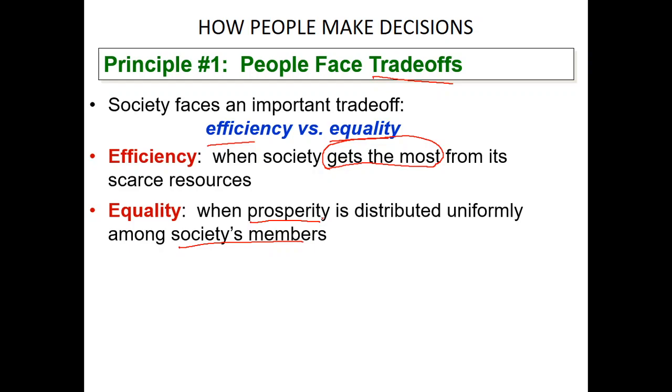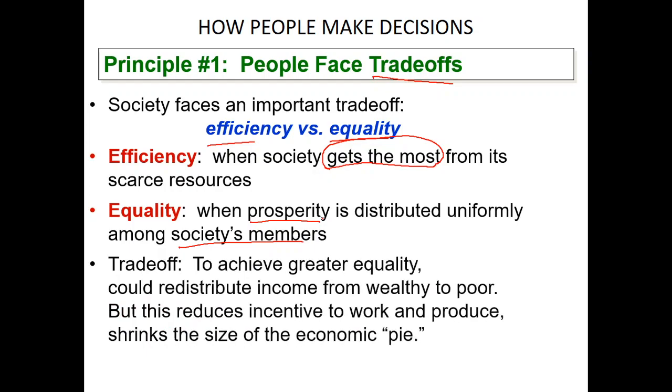The purpose, the ambition of every society, every leader, should be uniformly distributed prosperity. Okay, so trade-offs, to achieve a greater equality.